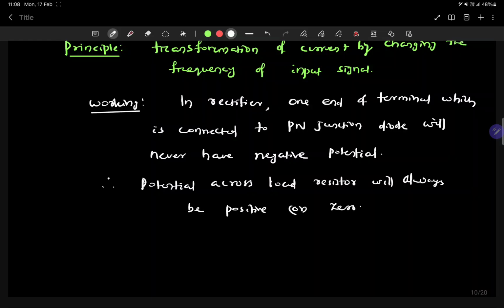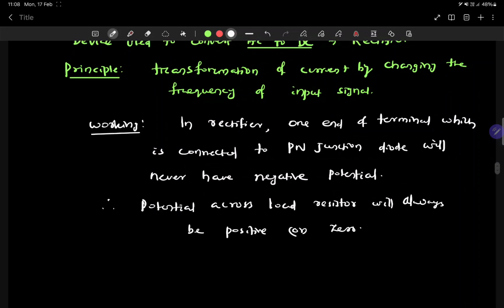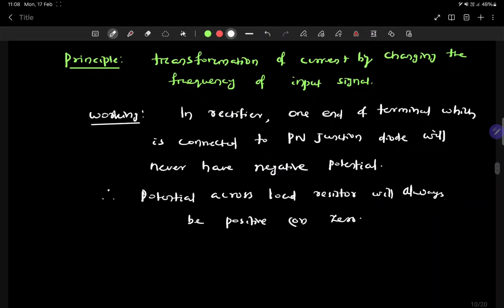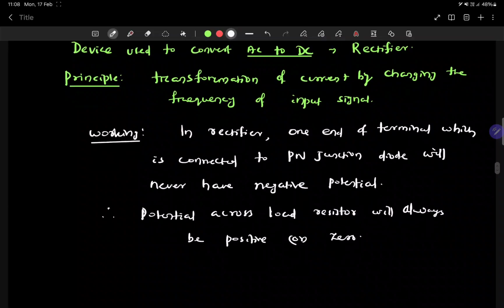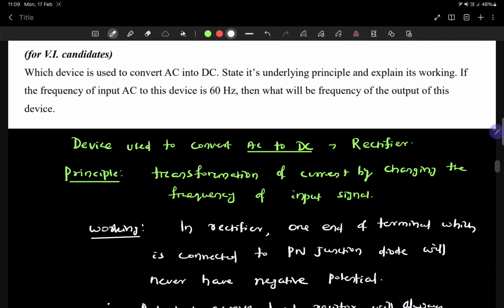Okay, so my instruction to all of you is please go through the half wave and full wave rectifier in detail, which you have already covered during this academic session, so that it will be much easier for you all.